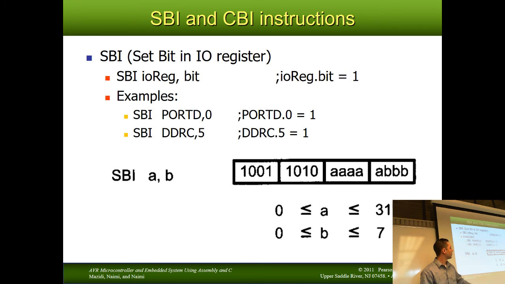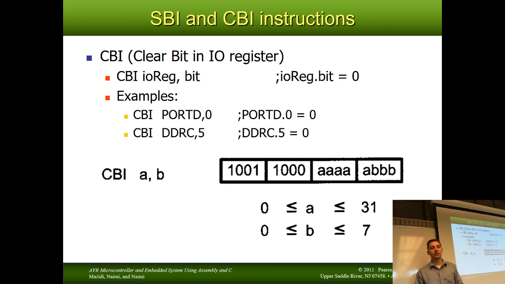That is a 1 when you're doing an SBI, and that is a 0 when you're doing a CBI. That's the only difference. But it does the same job, except instead of setting something to 1, it clears it to 0.